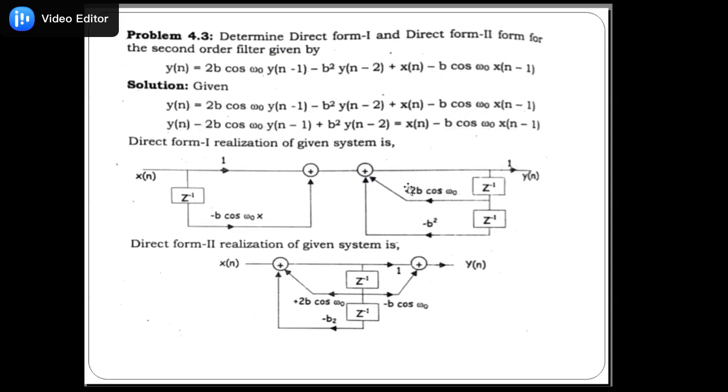Then that delay by 1 sample will be multiplied with this, sign will change because arrow is inside. Then minus b square multiplied by multiplier is there, delay by 2 sample. Then when you combine this direct 1 form, means that is shifted on left side and that will be shifted on right side, that will form a direct 2 form of realization.